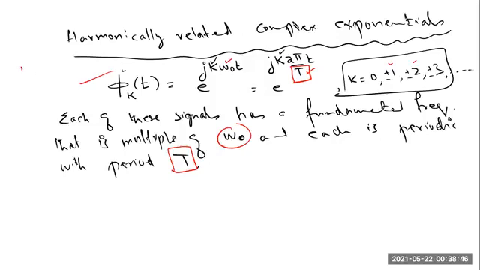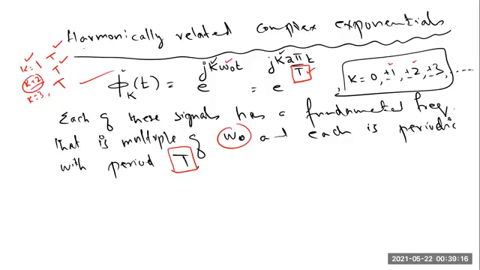So for k equal to 1, the period was T. For k equal to 2, T is the period. For k equal to 3, T is going to be the period. But what is the difference? T is the fundamental period for the first signal. But for the second signal, capital T is not the fundamental period, but it is still the period. For k equal to 3, capital T is the period, even though it is not the fundamental period.